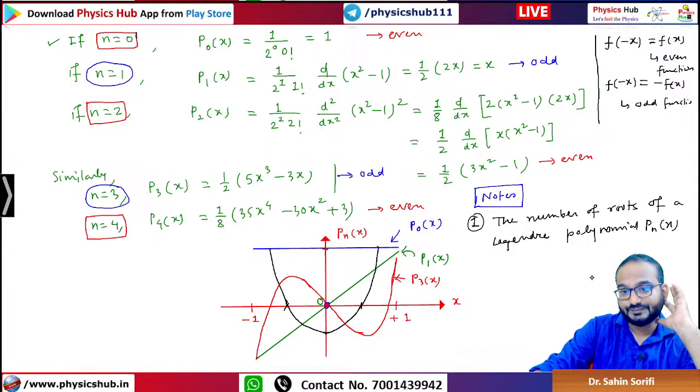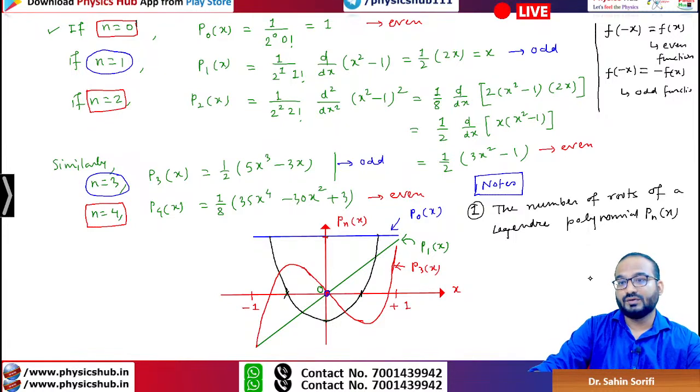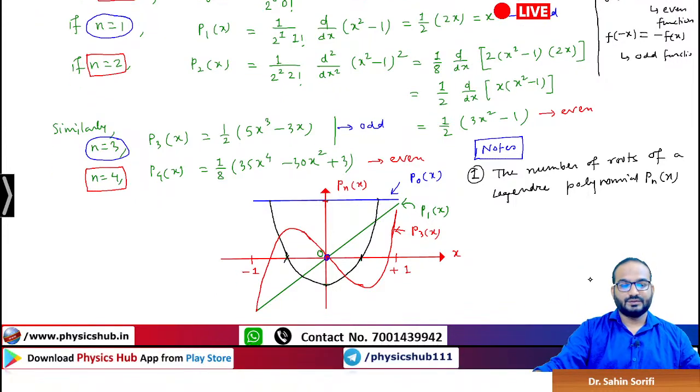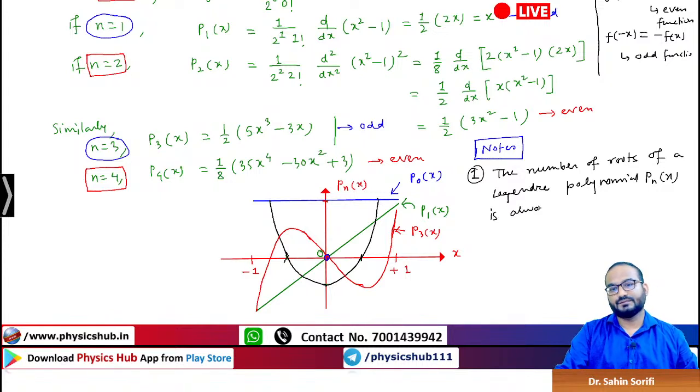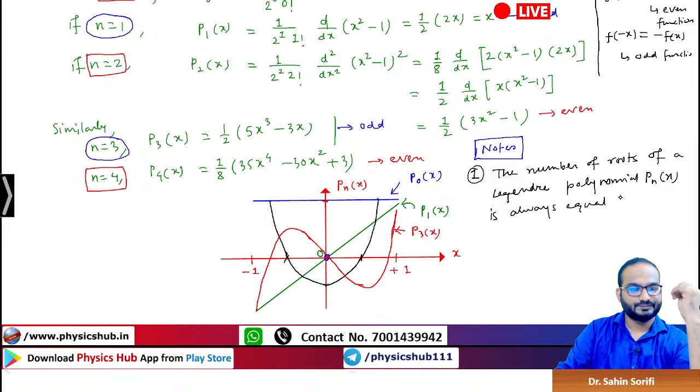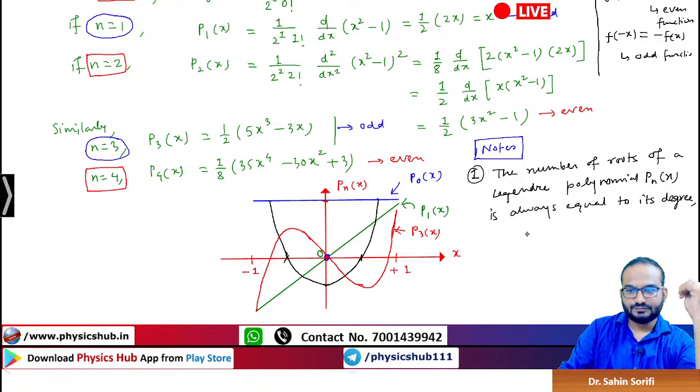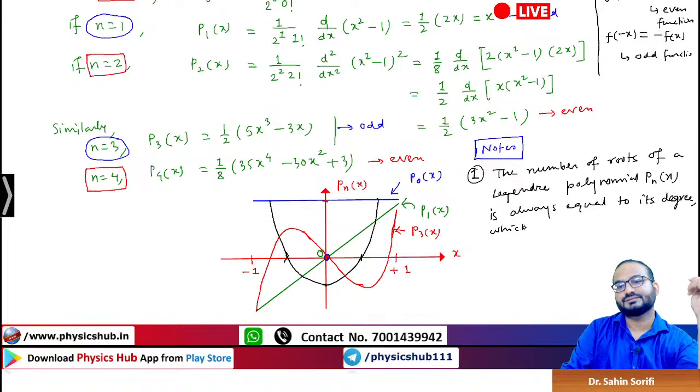of validity. The number of roots of a Legendre polynomial Pn(x) is always equal to its degree, which is n. So that is why for n equals to 0, it is not cutting the axis.